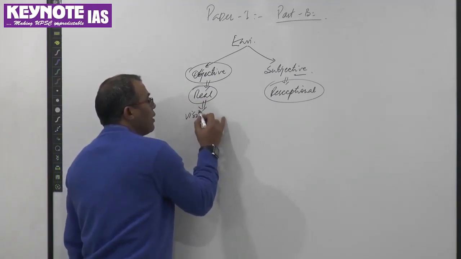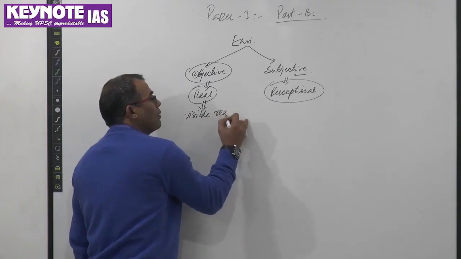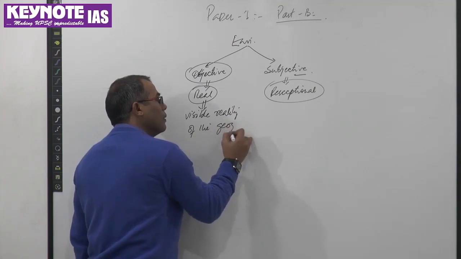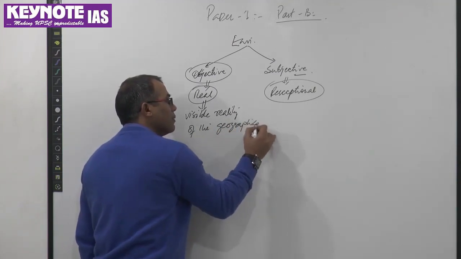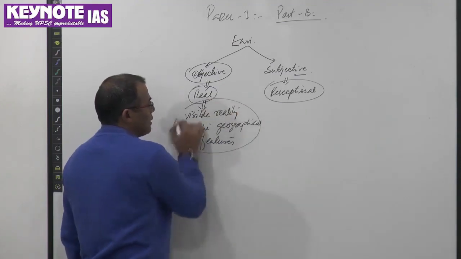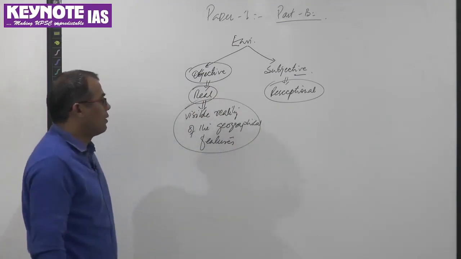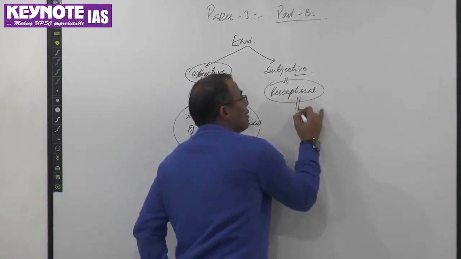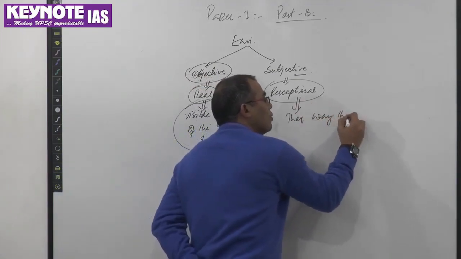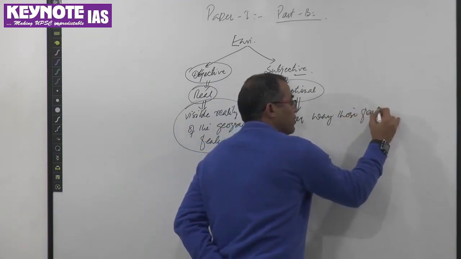So visible reality of the geographical features: is it simply a visible reality of geographical features or the way those features are perceived?